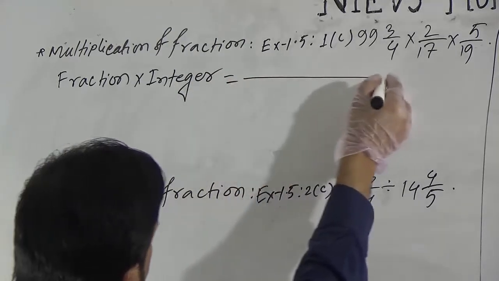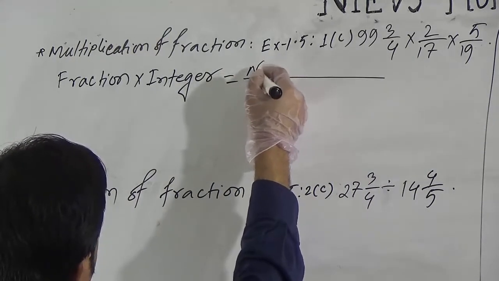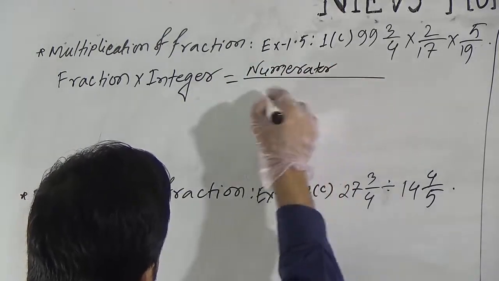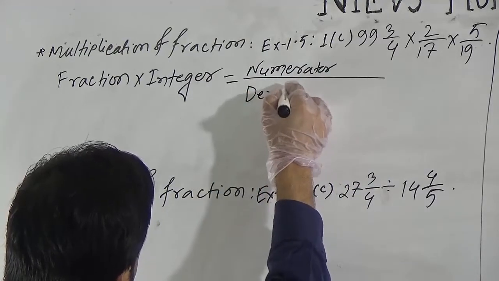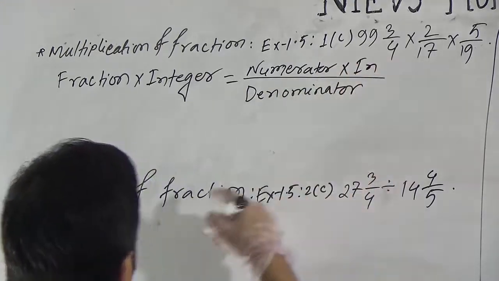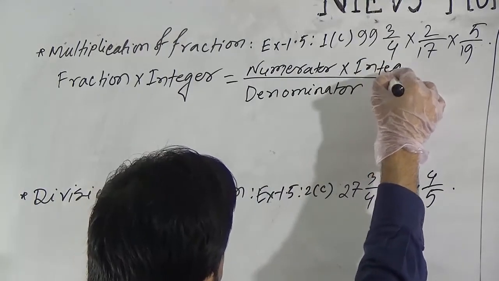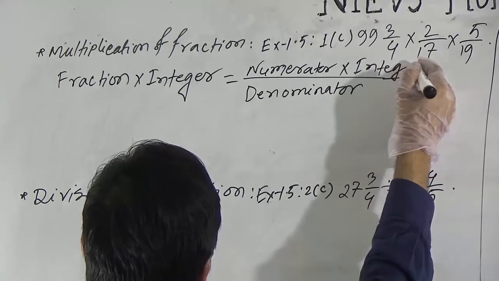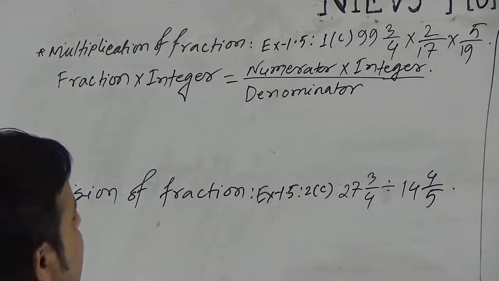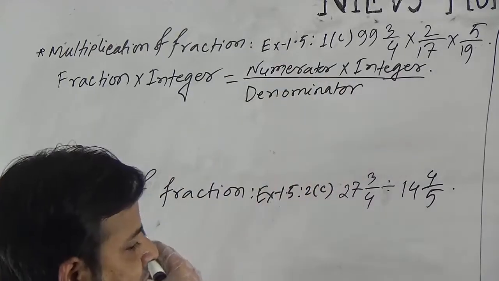When we multiply a fraction by integer, we can write the formula in this way. It means that the integer will go to the numerator. We have to multiply the numerator by the integer. This is the formula.